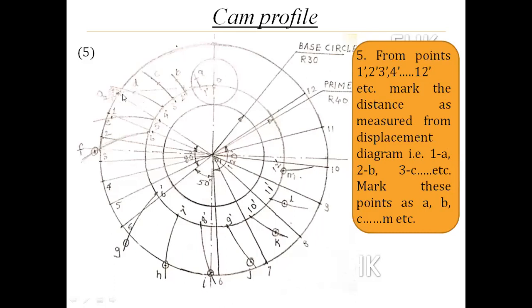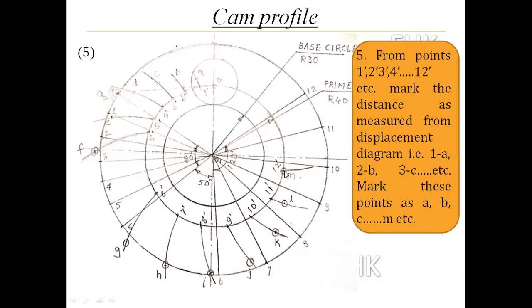In this way, you have to cut all the curvatures by taking the distances from the displacement diagram: 1a, 2b, 3c, 4d, 5e, 6f, 6g, 7h, 8I, 9J, 10K, 11L and 12M.